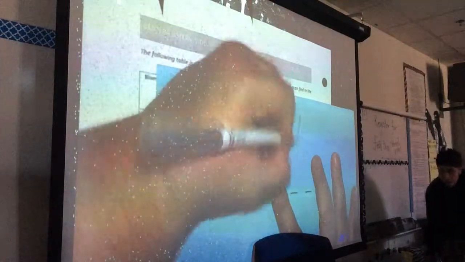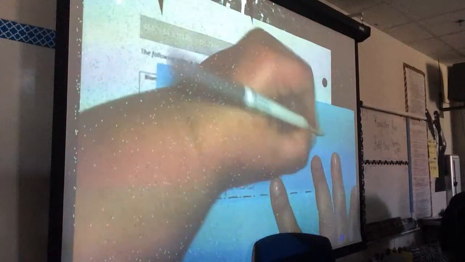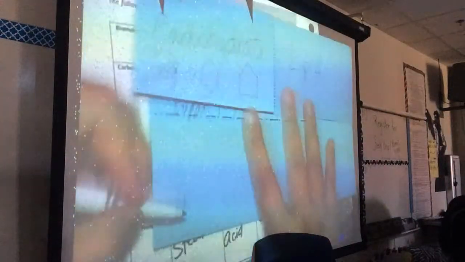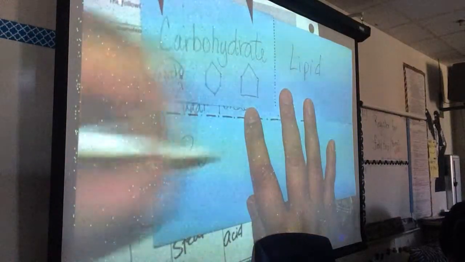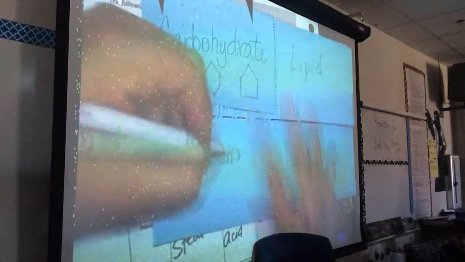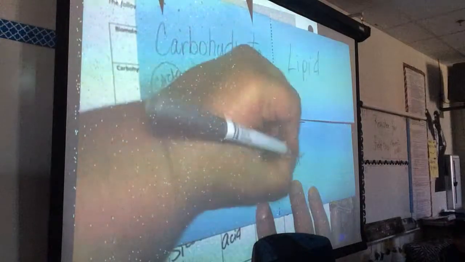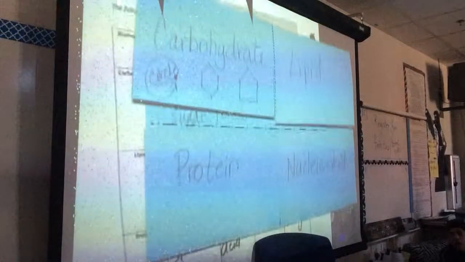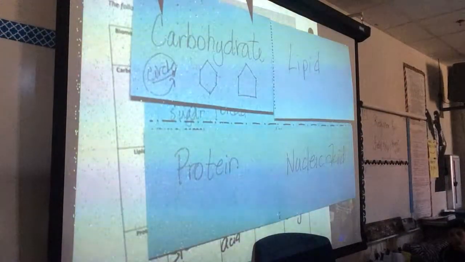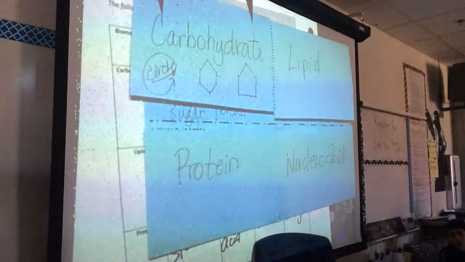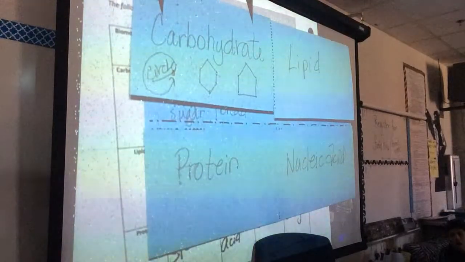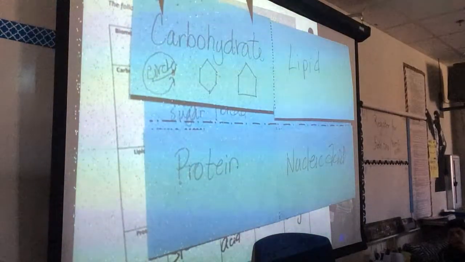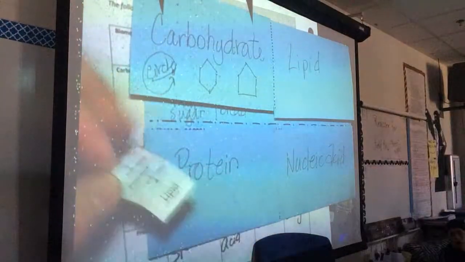This is lipid. This is protein. And this is nucleic acid. Finish gluing the little pictures down behind the flaps. I don't have any more, so you're going to have to spread them out around the tables. Get people to share.